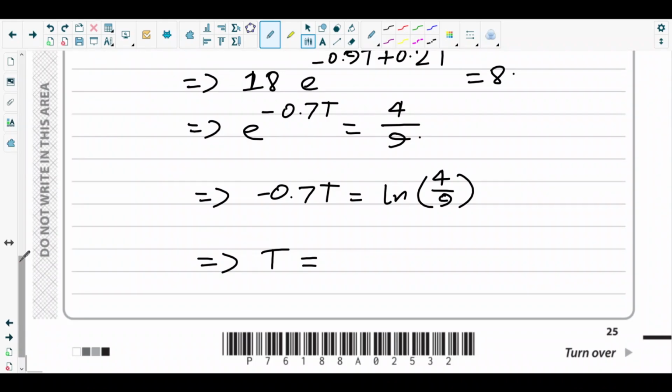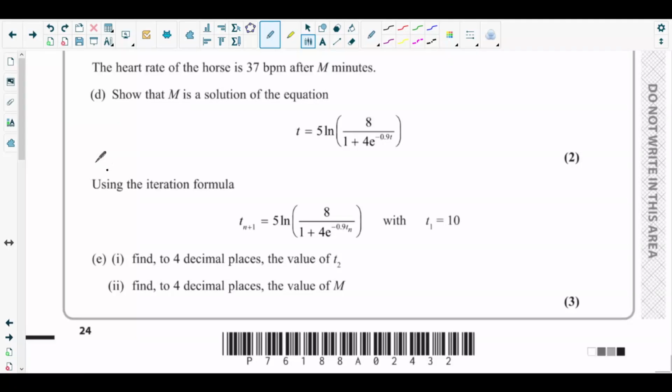So the value for capital T is 1.158471737.